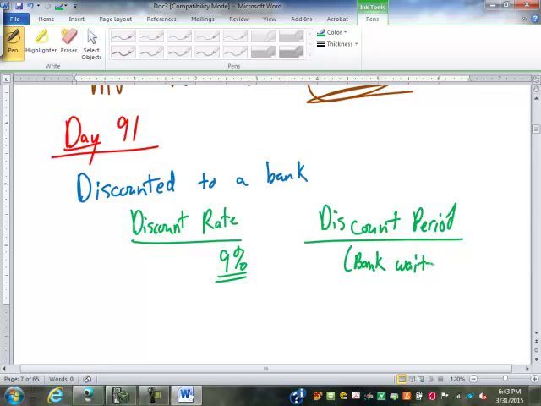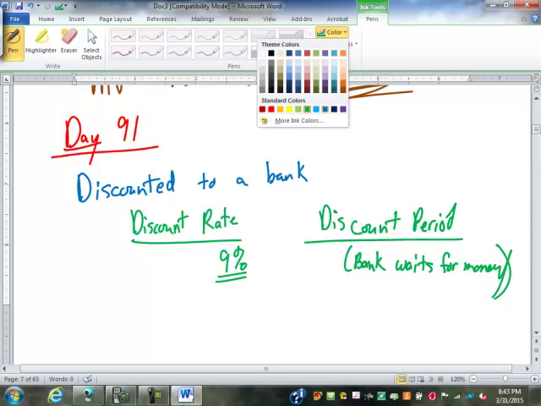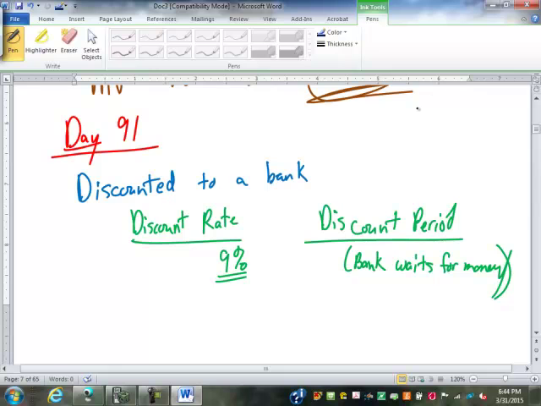In other words, the time that the bank is going to wait to get paid back for their money. Now, if Debbie's paying them back, that might be a while. But, sorry, Debbie. So anyway, theoretically, how long would the bank have to wait for the 120 days to be up? Well, a 120-day loan minus 91 is 29 days. That is the discount period.